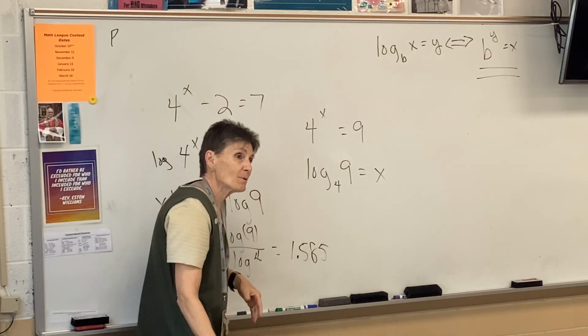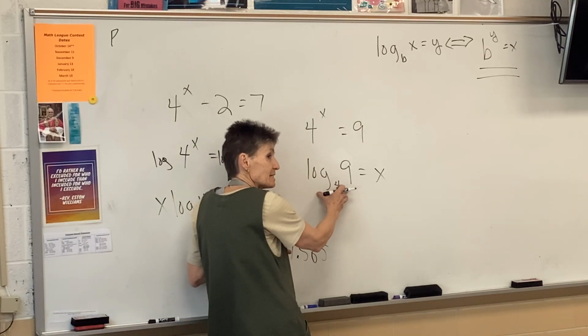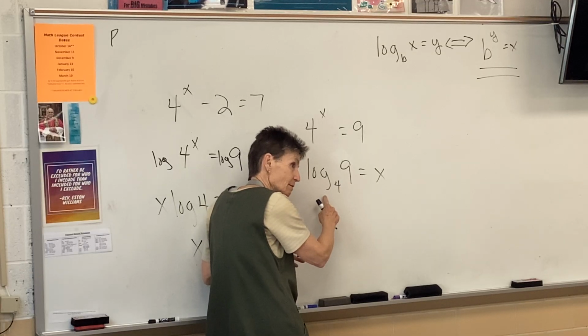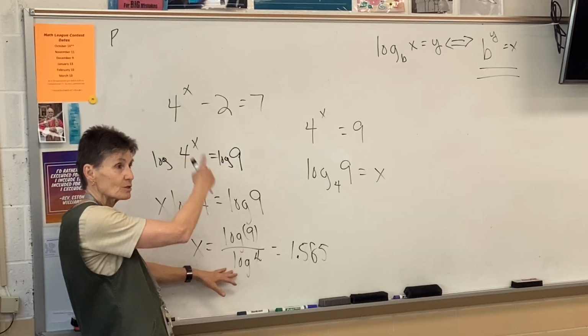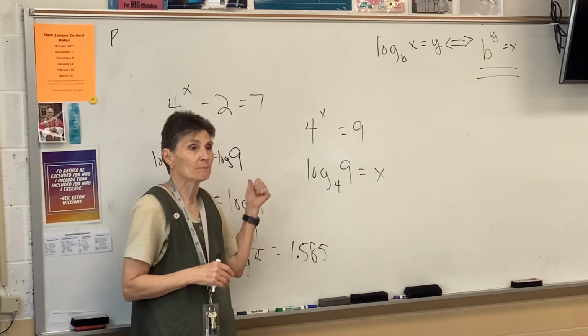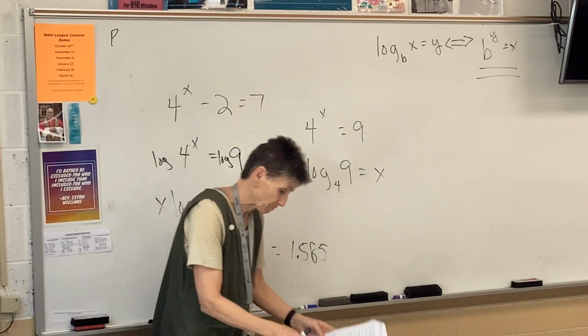So do you remember our change of base? You remember what this is the same as? The log of 9 divided by the log of 4. Isn't that exactly what we did when we used our properties over here? So either way, you need to be able to solve that question. Either way, it's totally fine.